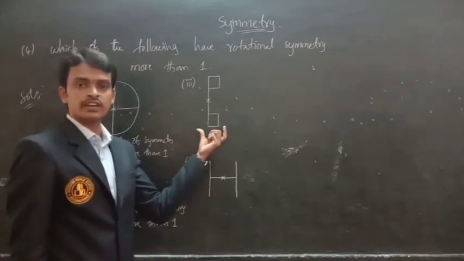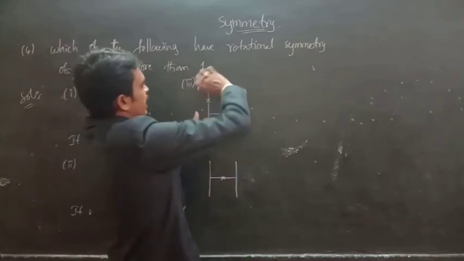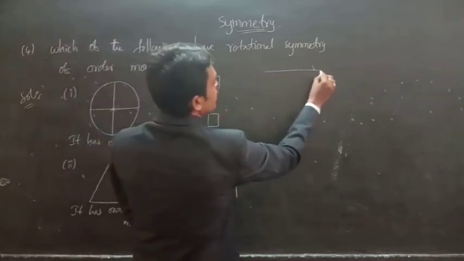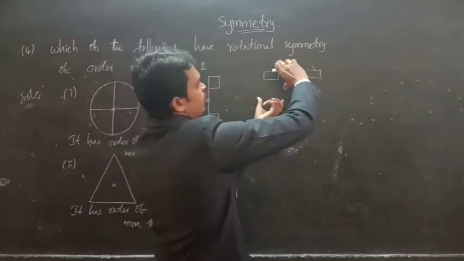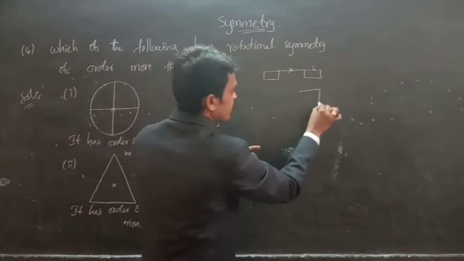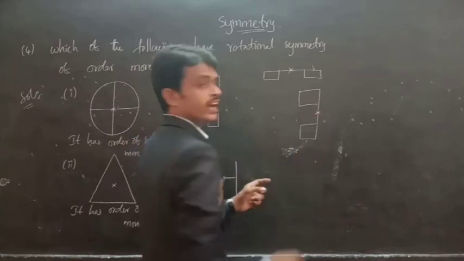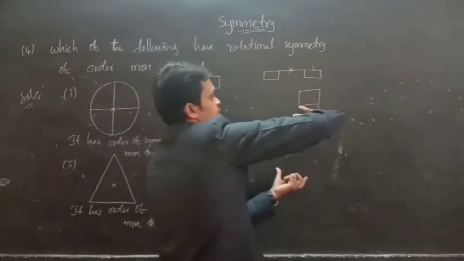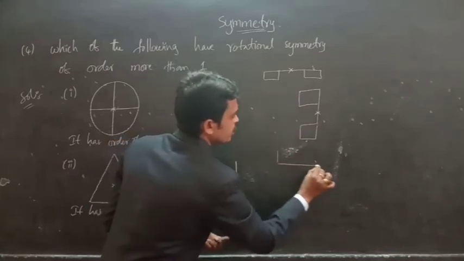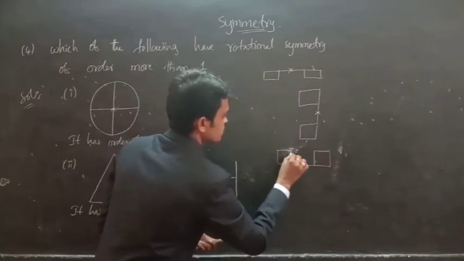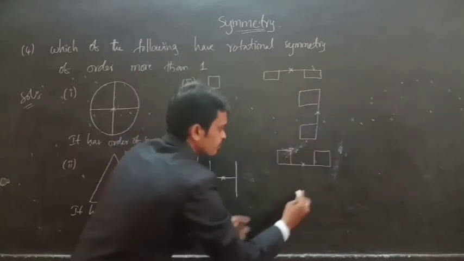And look at here, the third figure. First let us rotate it. This shape, rotate it like this. Then it will come like this. Again rotate this shape, again it will come like this, and like this it will come. Again rotate like this. Again this shape rotate towards that side.